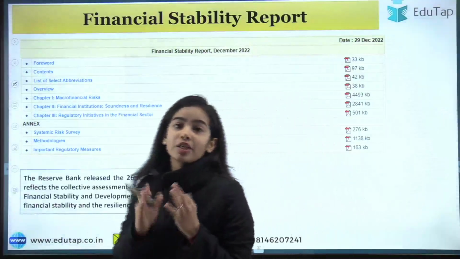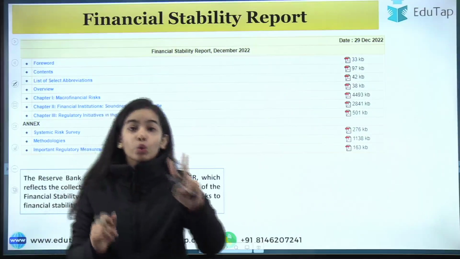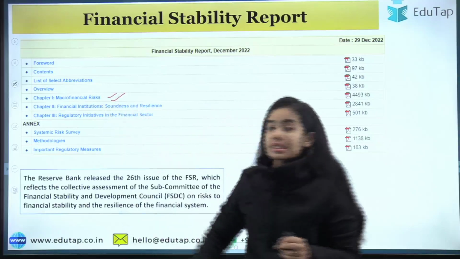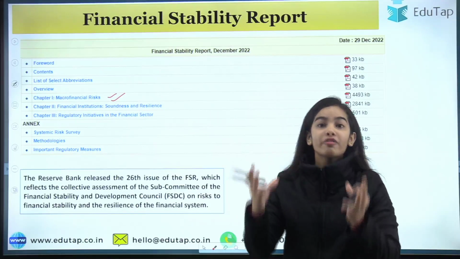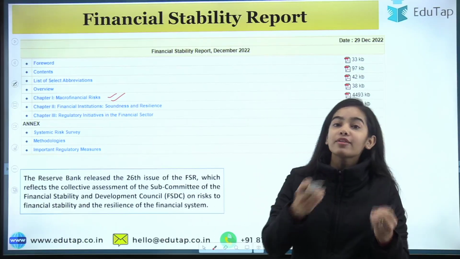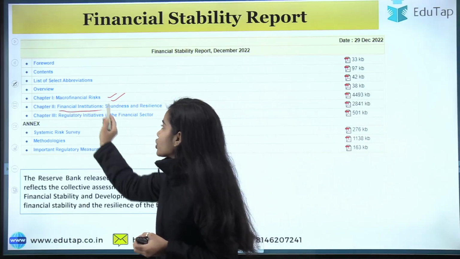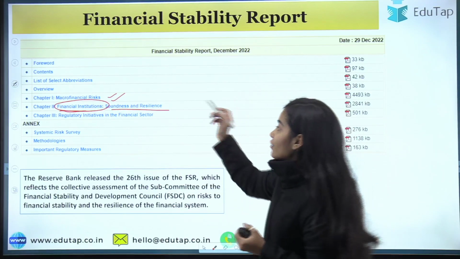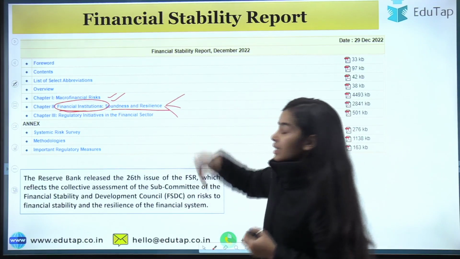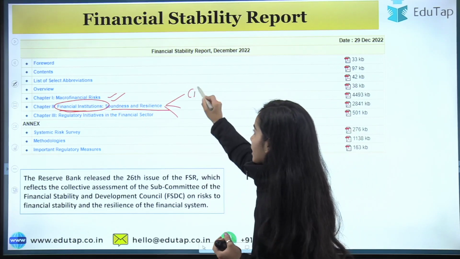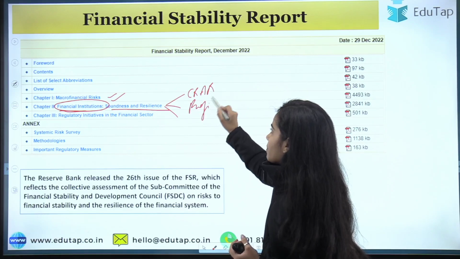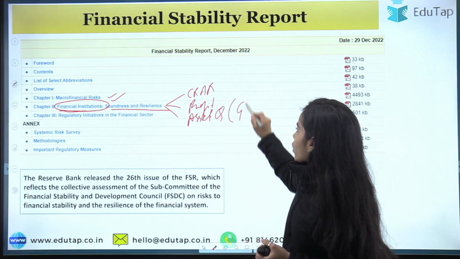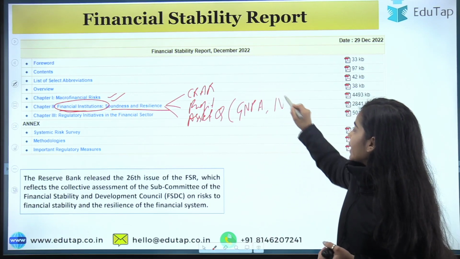So now starting with the Financial Stability Report, we have already discussed the two chapters of the Financial Stability Report. The first chapter was regarding macro financial risk, that is the risk coming to the global financial system and the risk coming to the Indian financial system. Then we studied the financial institutions, their soundness and resilience: how sound they are, how resilient they are, and we saw it through the data regarding the capital buffers that the banks are keeping, like the CRAR, the profitability that the banks are having, and the asset quality that we saw through the gross non-performing assets and the net non-performing assets.